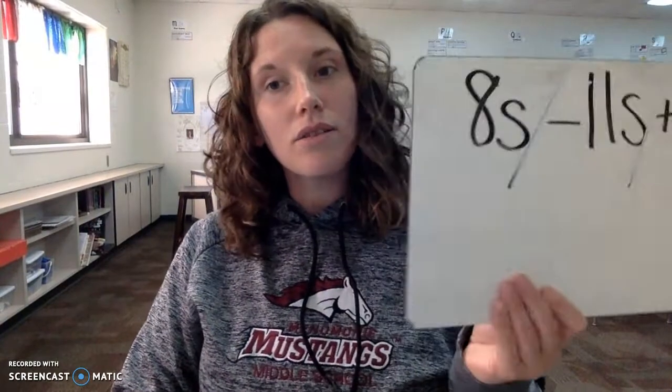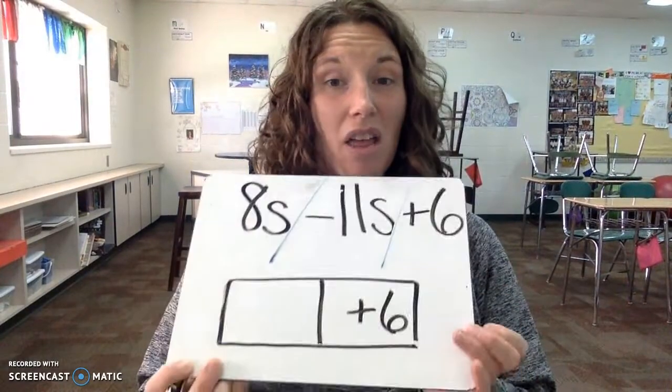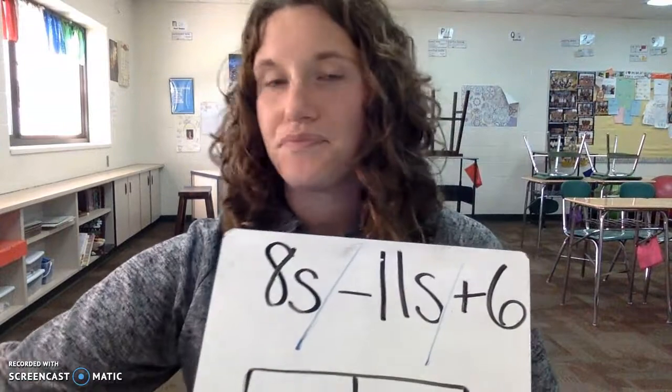You can draw those slash lines. So 8s slash negative 11s or minus 11s slash, and then having that positive 6. So it looks something like this. You can do those boxes if you'd like to separate that out. So that positive 6 just goes in that box. There's nothing else to share there.